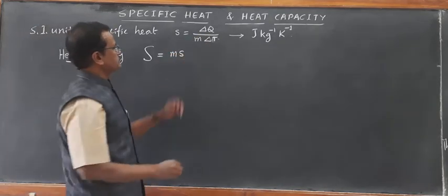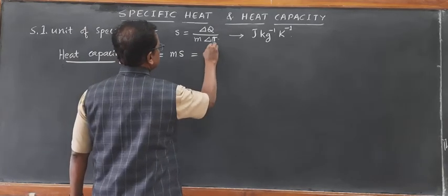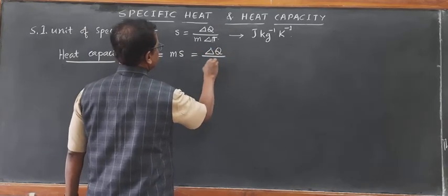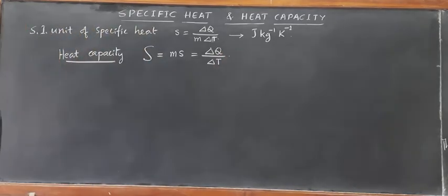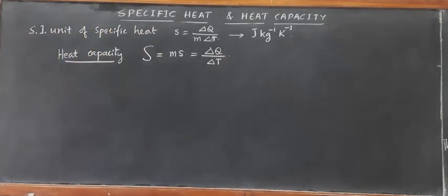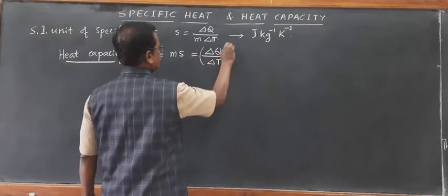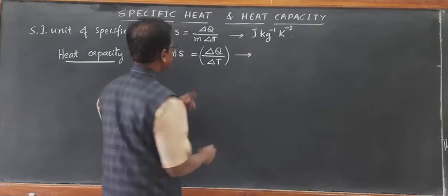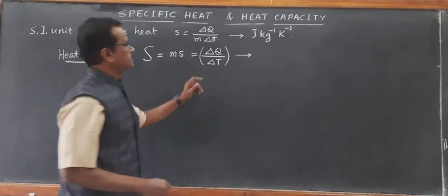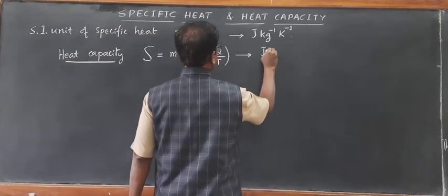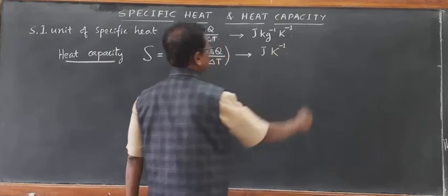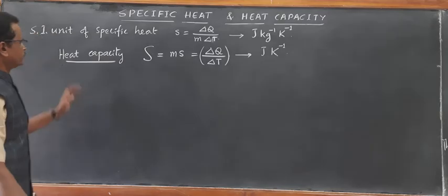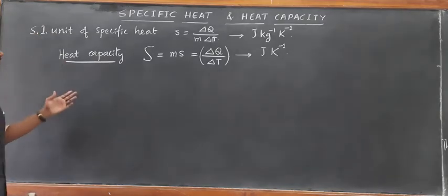So if you multiply this with m, we get delta Q by delta T. So delta Q by delta T gives us what is known as heat capacity. The SI unit of heat capacity, you see there is no mass here, so it will be joule per Kelvin.